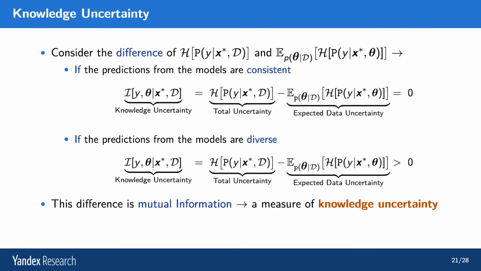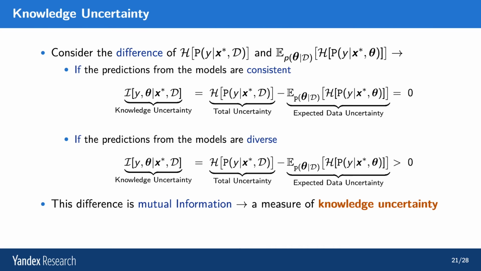This, for example, follows from Jensen's inequality, and you can show that this is always true. This difference will be greater than zero if the models are diverse. And depending on how diverse the models are, this difference becomes bigger. So the more diverse the models, the bigger the mutual information, the bigger this difference. So this difference is now a measure of knowledge uncertainty.